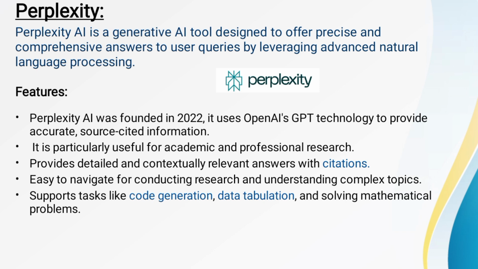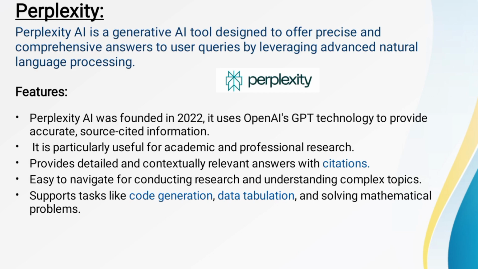Next one is Perplexity. Perplexity AI generally resembles ChatGPT, but it is a generative AI tool designed to offer precise and comprehensive answers to user queries by leveraging advanced natural language processing. It was founded in 2022. It uses OpenAI's GPT technology to provide accurate and source-cited information.